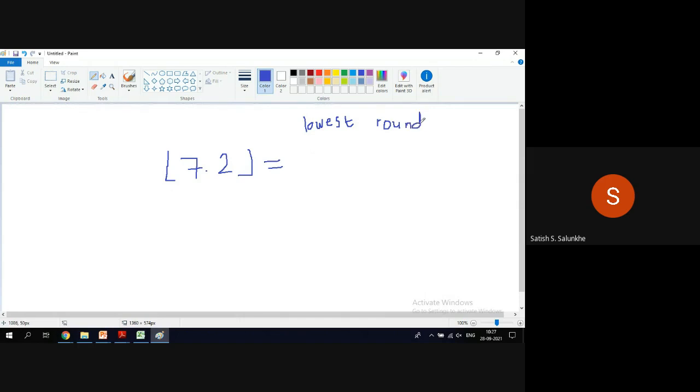This is the floor function. So the answer is 7. If you take the ceiling function of the same, it is the highest rounded integer, that is 8. So this is called the floor function, and this is called the ceiling function.